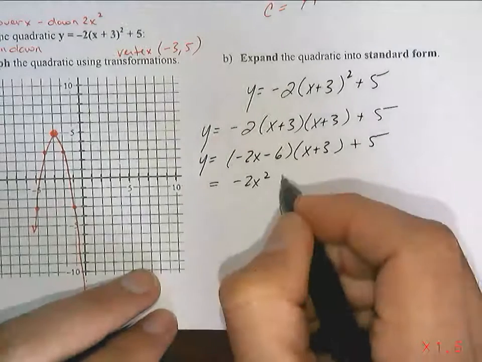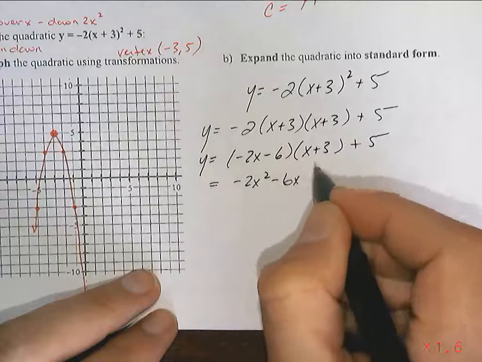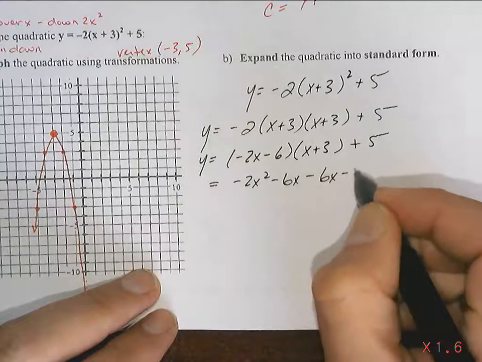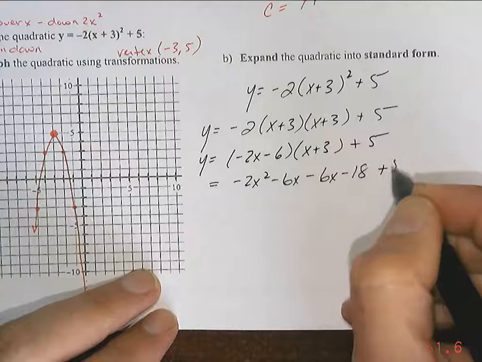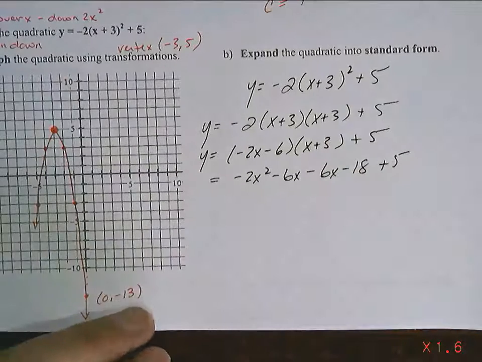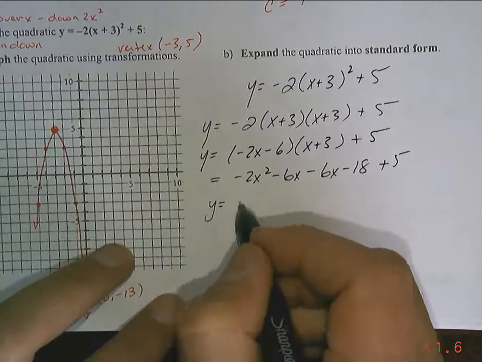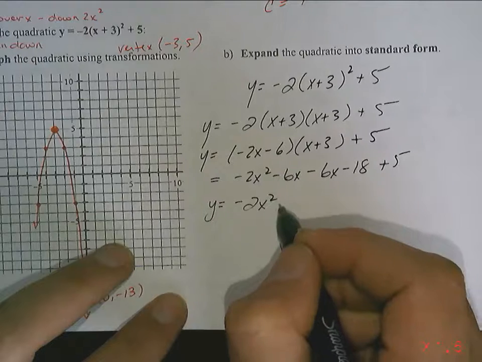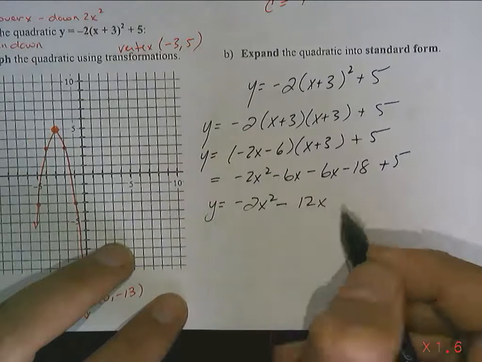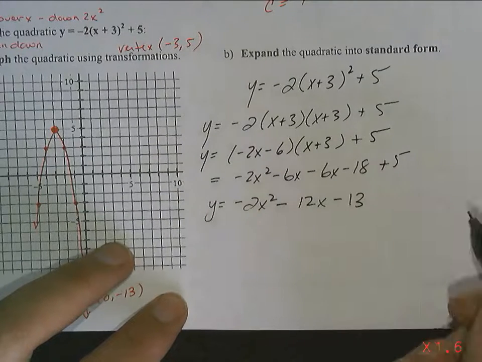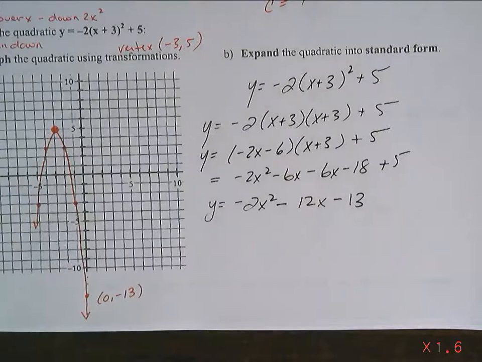Negative 2x times 3 is negative 6x. Negative 6x again. Negative 18. And don't forget about your plus 5. So this is going to be y equals negative 2x squared, negative 12x, negative 18 plus 5 is negative 13. And that's in standard form.